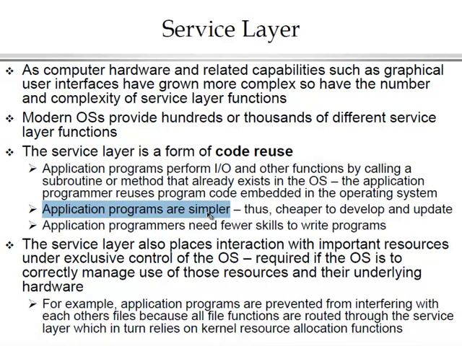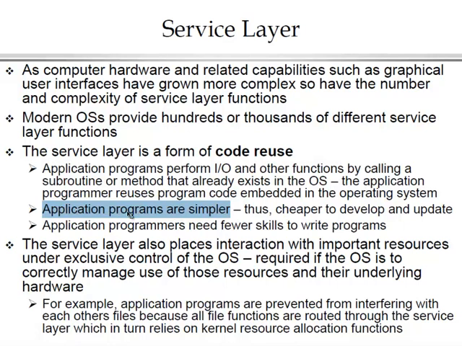How do I ensure that when my window is displayed, if another window gets displayed over top of it, I'm not overwriting that window that's displayed on top of it. I don't have to write any of that code. As an application programmer, that stuff I don't have to write. I just have to call or execute the service layer functions that are already there.